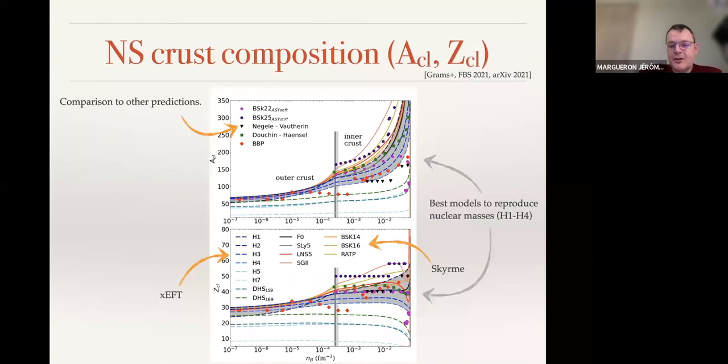Yeah, thank you, Sanjay. Shell effects somehow are on the to-do list for the next iteration of this work. But if we consider shell effects within the leptodermous expansion, we should not expect to have a dominant effect. The shell effect should not be larger than the contribution coming from the bulk or other dominant effects.